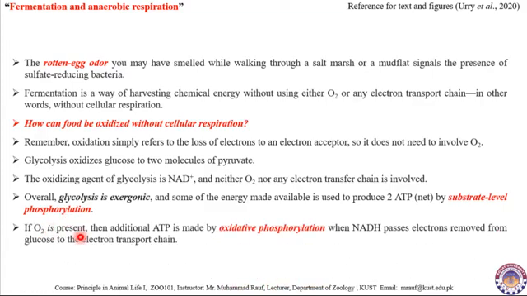If oxygen is present, then additional ATP is made by oxidative phosphorylation. Of course, if oxygen is present, then the electron transport chain will take place, and oxidative phosphorylation will result in the production of ATPs, and the NADH molecules will also be freed from the electrons, because they will deliver their electrons to the electron transport chain.